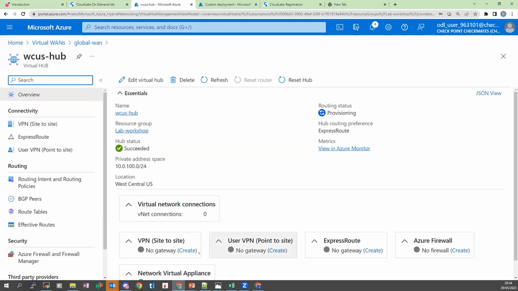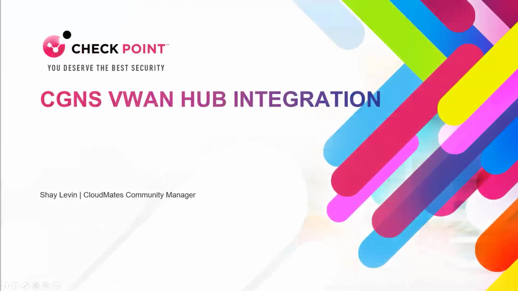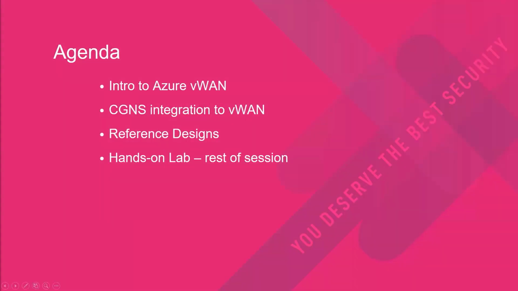In the meanwhile, while we are waiting, let's see the agenda for today. I will give you a quick intro on Azure V1 and the new CloudGuard Network Security integration with V1, the CloudGuard Network Security NVA, Network Virtual Appliance, that was announced as GA just a week or 2 weeks ago.